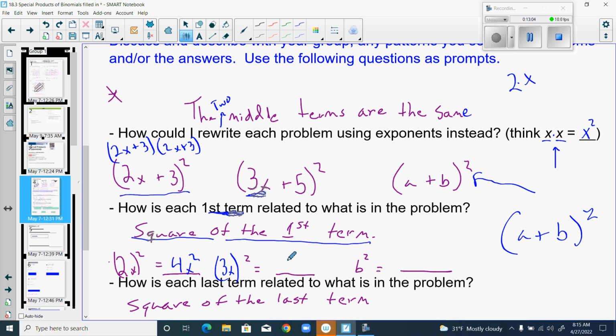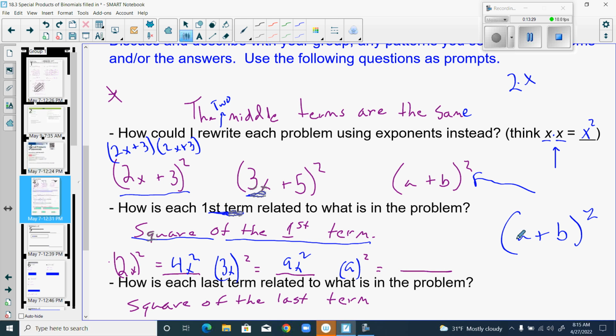Okay, in the last problem, and again, this should say A, not B. Not sure why I have it wrong, so I'm going to get rid of this and write that as A squared. If I square A, which is the first term here, I get A squared. That's the first term of my answer.